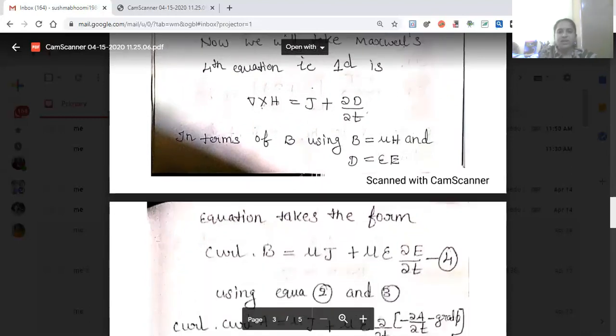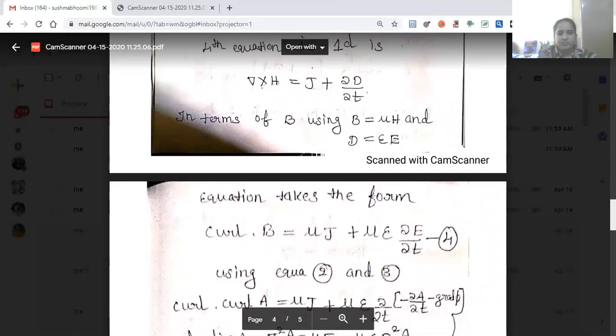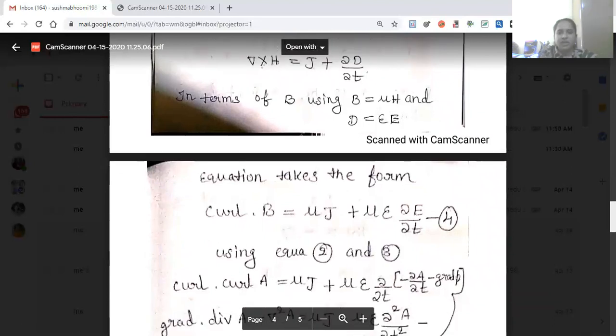So curl of B: since B equal to mu H, H equals B by mu. In place of H, we substitute B by mu, and that mu goes to the right side and multiplies with those terms. So curl of B equal to mu J plus mu epsilon del by del t of E. We'll call this equation number 4.